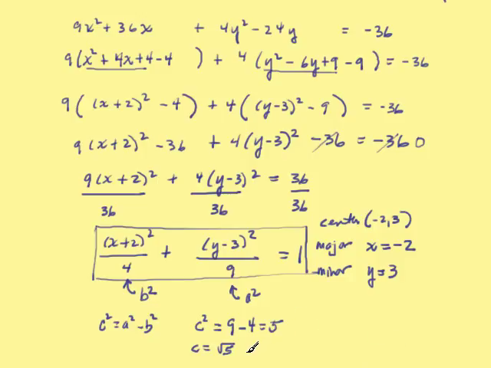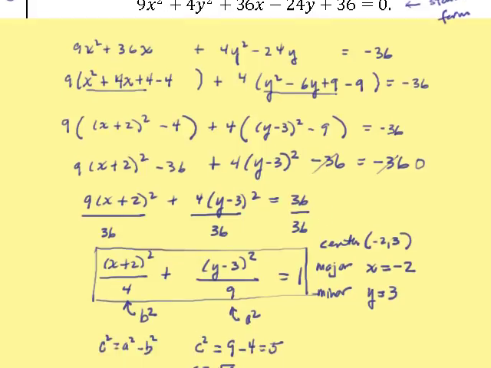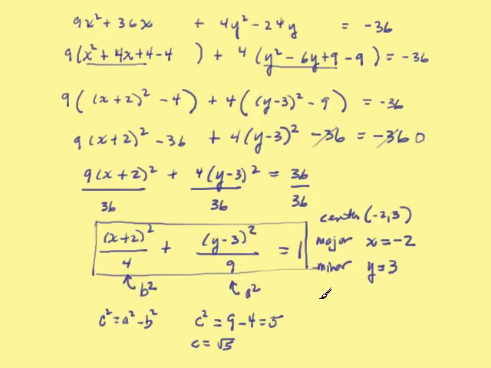Now, since the major axis is vertical, remember that's because the larger number's under y, then the foci are above and below rather than right and left, above and below the center. Root 5 above and root 5 below. So the foci are (minus 2, 3 plus square root 5) and (minus 2, 3 minus square root 5). And that's all the information that we were asked to give.